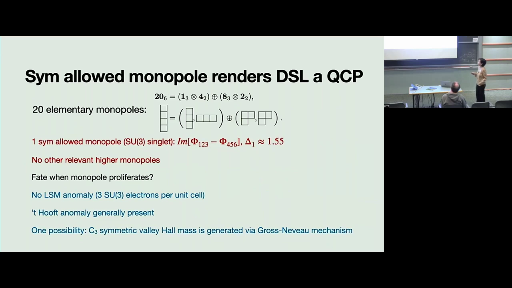We propose that there is no other relevant higher monopole, which is supported by large N calculation, and then the Dirac spin liquid on this SU3 magnet also describes a quantum critical point. Crucially, there is no LSM in this case. We have 3 particles per unit cell for SU3. The 't Hooft anomaly is generally present once the trivial monopole proliferates.